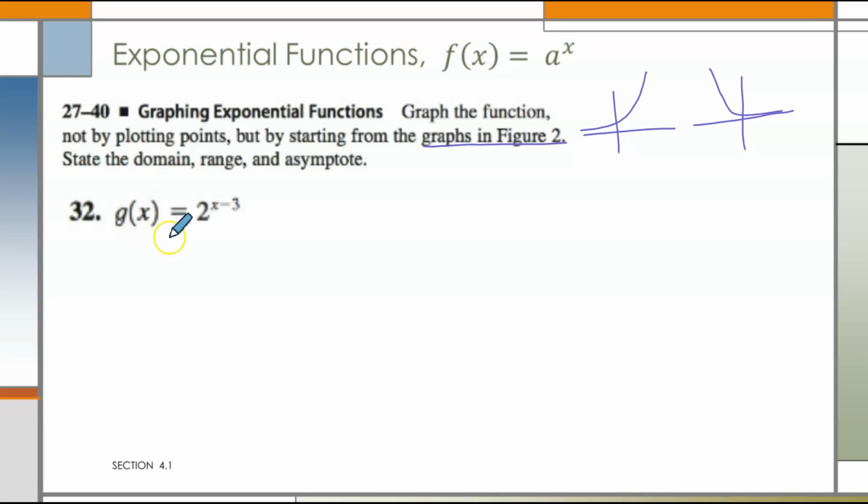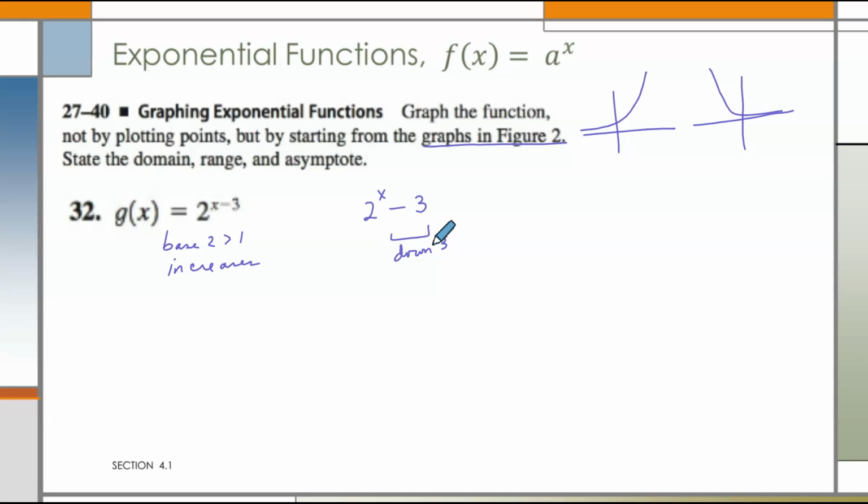Okay, here we go. What's the base? Base is 2, greater than 1, so our graph increases. Now, if this were 2 to the x, minus 3, what transformation would we have? That would move us down 3.